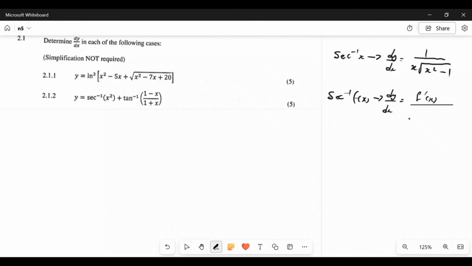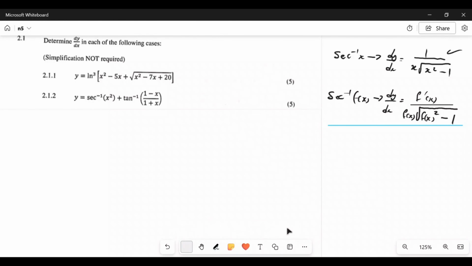Now, instead of writing x, remember we write f of x there. And then root. Then we're going to have f of x, let's not forget, squared there, minus 1. There we go. So if we derive using this here, I prefer to use this one here. Guys, it's the same, just in case you get confused with this one here.